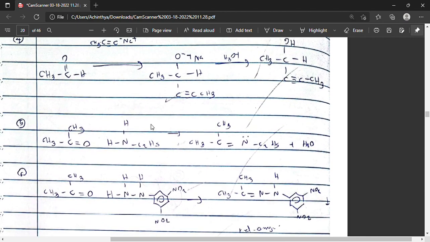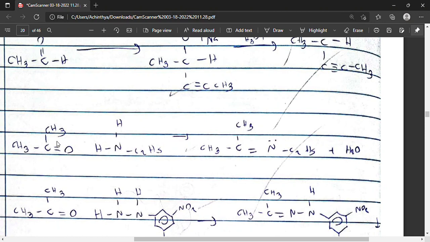Another thing we can do is take an amine and react it with a carbonyl compound. Here we took a ketone, and as we see, the O over here goes away with these two H's as water, and this double bond will attach to nitrogen to form this compound, as we can see over here.